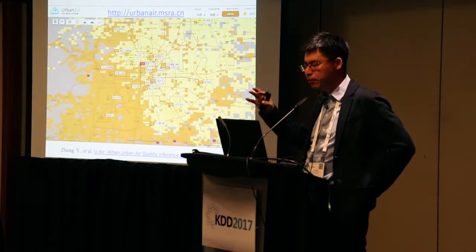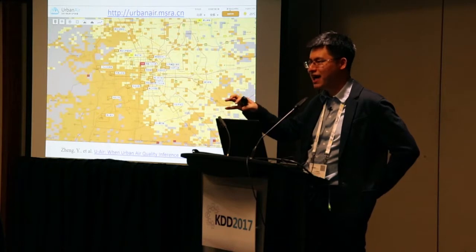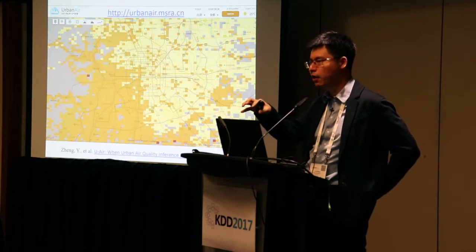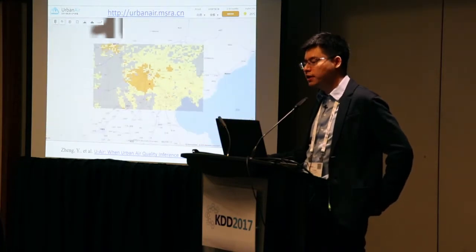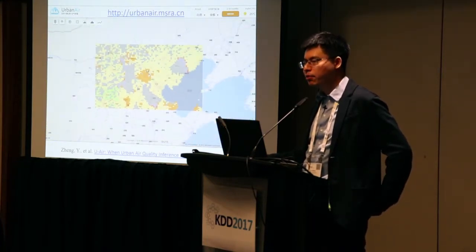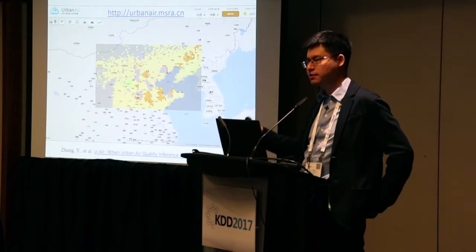And recently, we put together data from a cluster of cities that are near to each other. Because when a city gets some issues, the problems might not lie in the city itself.